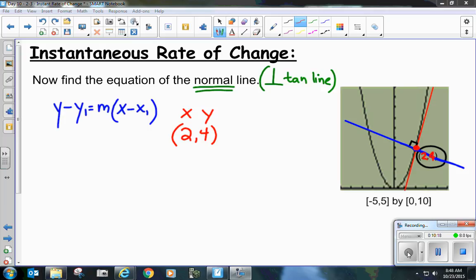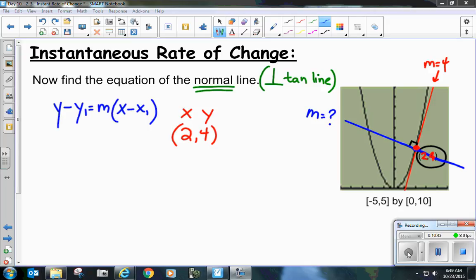We're still good. The slope is obviously not the same. The slope of my red tangent line had a slope of 4. So what's the slope of my normal line? It's definitely not 4. In fact, it's not even a positive slope. The red line is positive slope. The blue line is a negative slope.